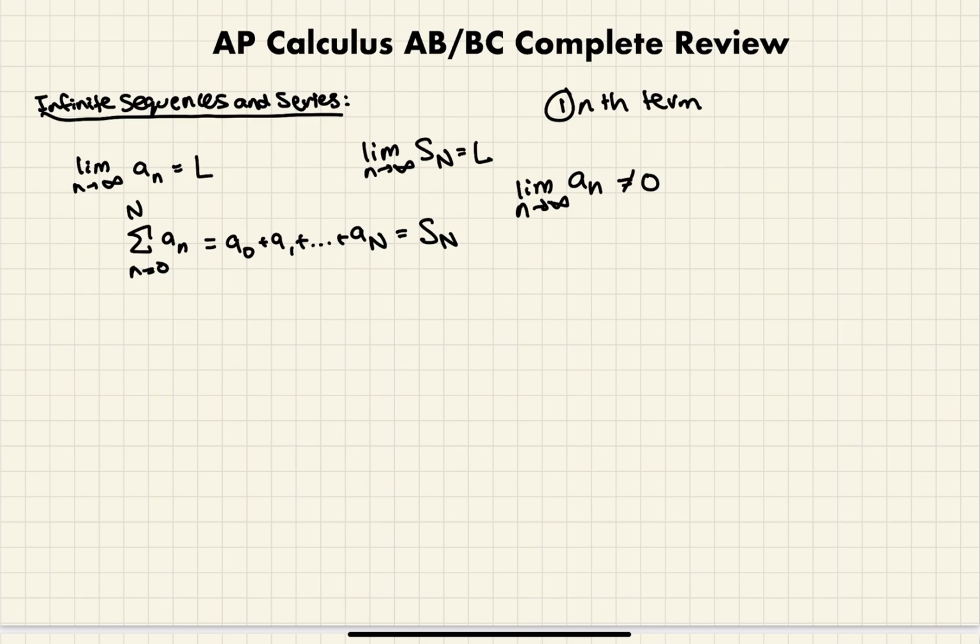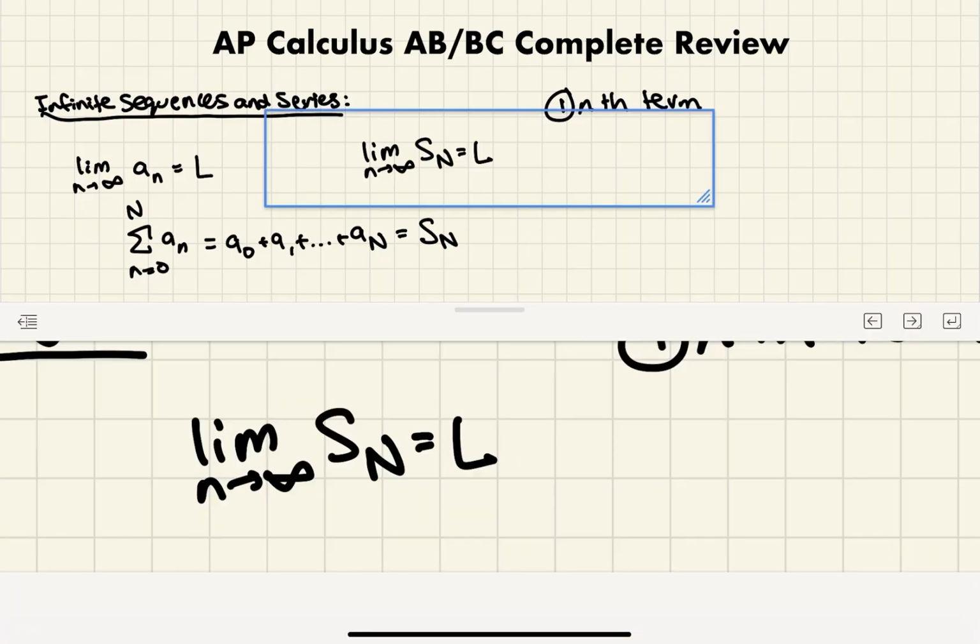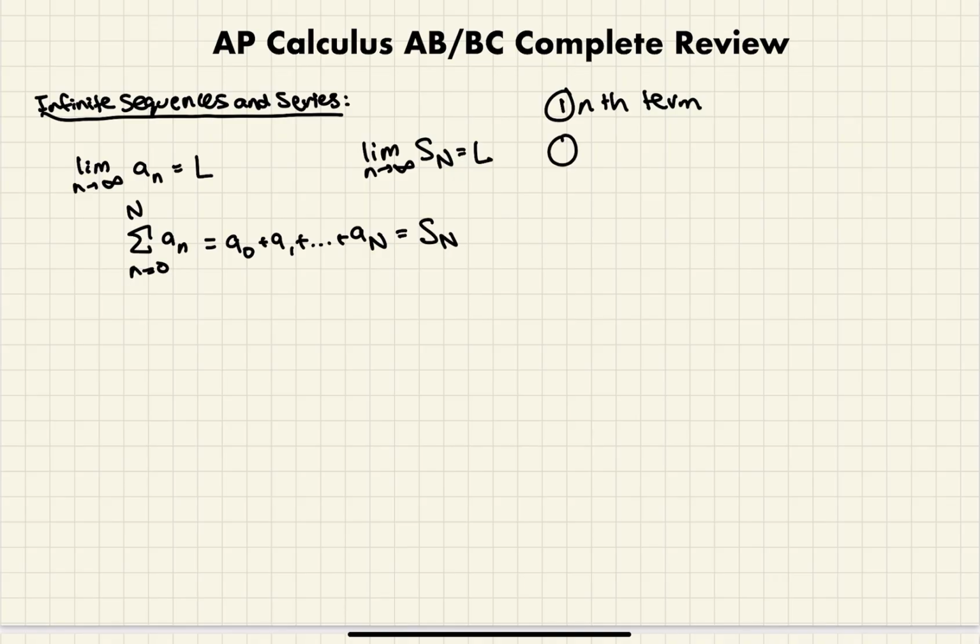Pretty simple. It doesn't guarantee convergence, but it eliminates a lot of series, because there's no way they converge. But for some other series like 1 over n, it passes the nth term test, but that's not guaranteed convergence. The nth term test is just to get rid of some series.